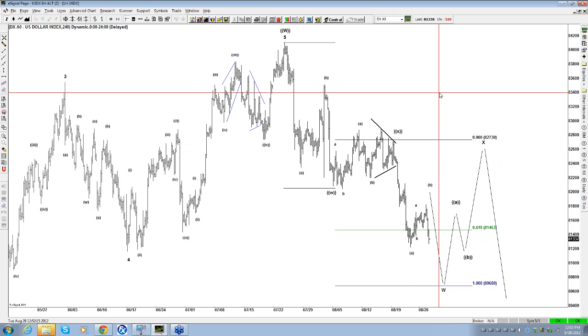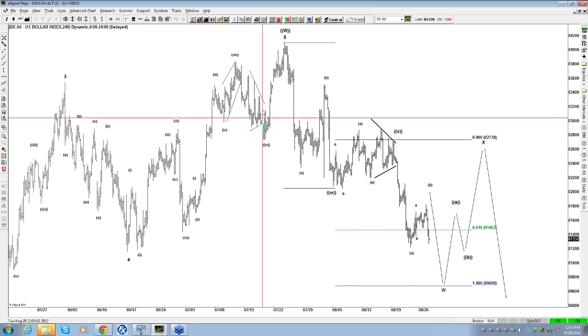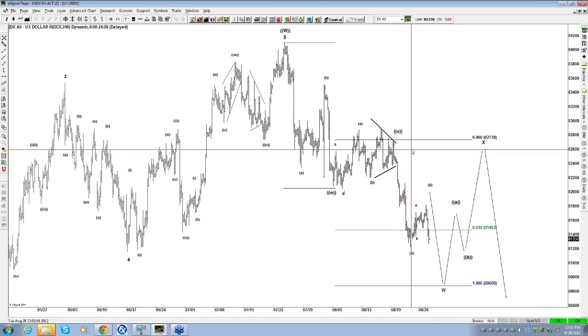And if you guys remember, last week we were in some degrees playing with the idea that the dollar can be dropping in an impulse, and this was a nest.